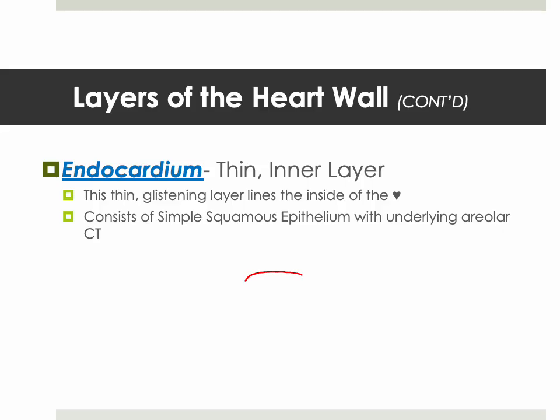It's lining the inside of the heart and it's made of simple squamous epithelium. At this point, you guys should know what squamous epithelium looks like. And then above, I should say, because we're looking from inside, there is connective tissue, which is just a little bit, like, think about the lamina propria of other tissues, okay?